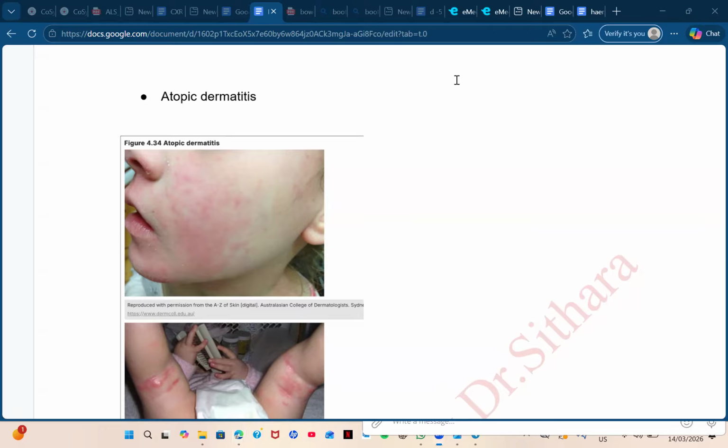Okay, we can see itchy, dry, red patches, right? Especially in face, flexures, wrist, and ankles, right? And so, what are the aggravating factors? Irritants, right? Sometimes can be soap, wool, infections, other stress, right? Like that.